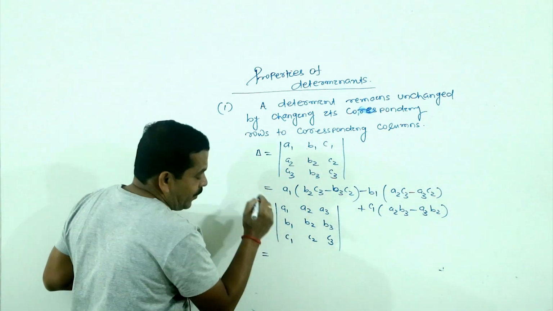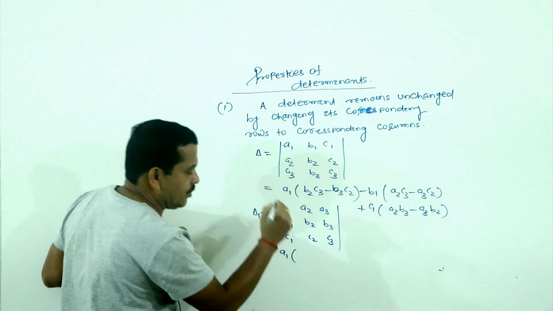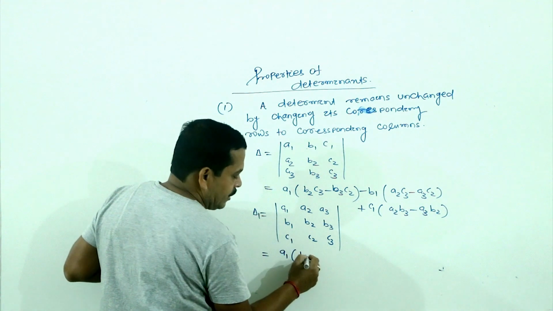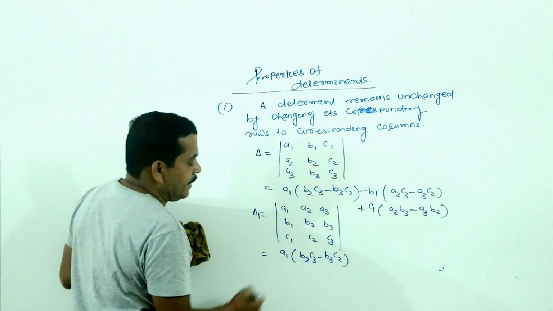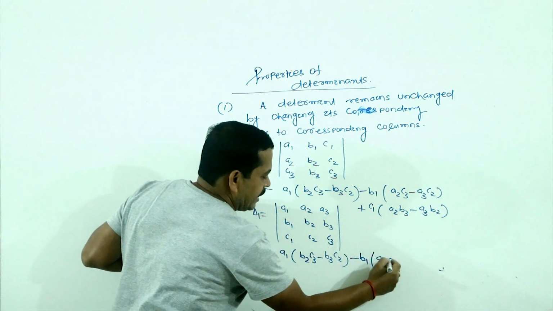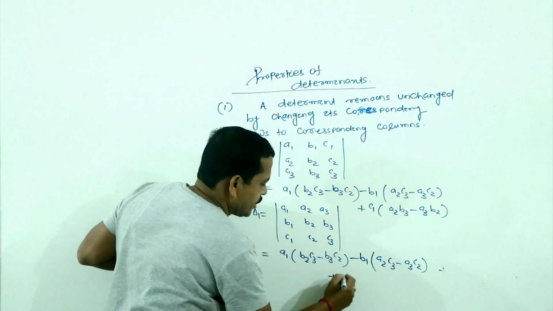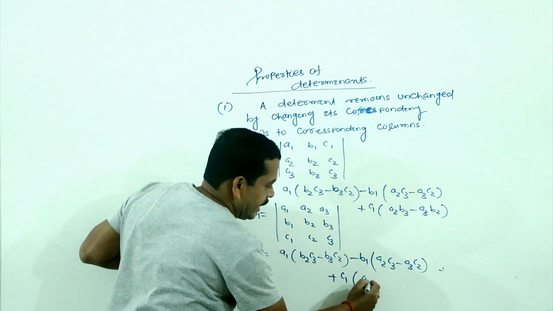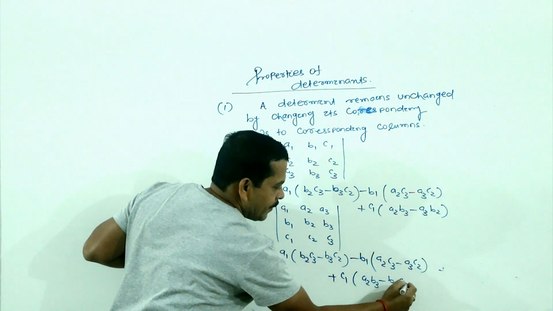So if we expand about the first column, it will be A1 into B2, C3 minus B3, C2. Next B1 into A2, C3 minus A3, C2, plus C1 into A2, B3 minus B2, A3.